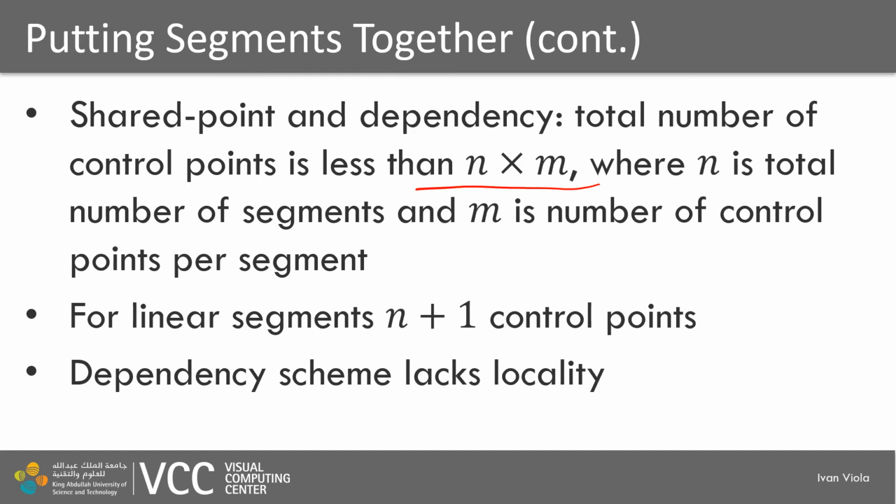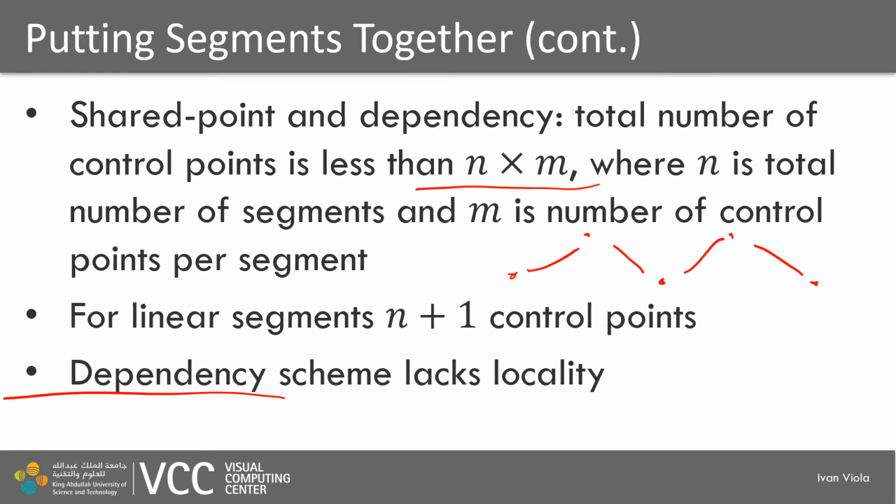For linear segments, we will have, for example, n plus 1 control points. And let's have a look whether this is true. So we will have now 5 points, and we will have 1, 2, 3, 4 linear segments. So this holds. For the dependency scheme, we need to understand that it lacks locality.